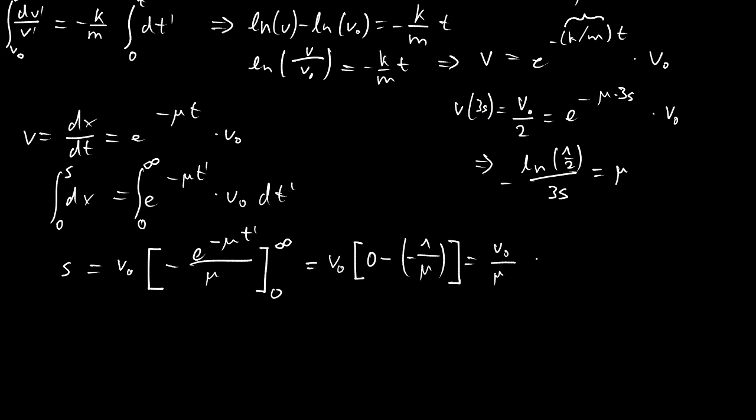So let's say if v0 was 4 meters per second, and mu was 0.23 per second, then we would get, well, the dimensions are correct, meters, and I think it's going to be 4 divided by 0.23.